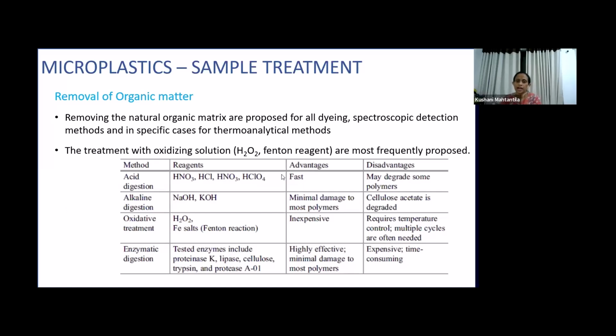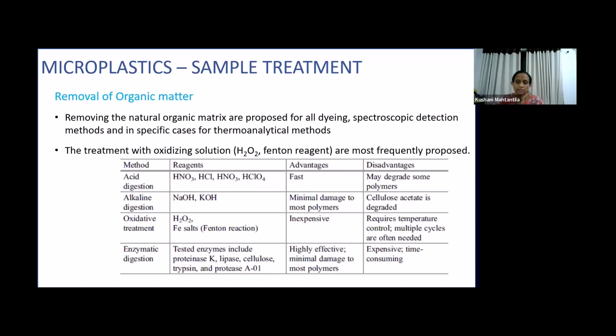However, there are several advantages and disadvantages of different solutions. Acid digestion is normally fast, but it digests the particles of interest, so it is not recommended. Alkaline digestion and oxidative digestions are recommended.